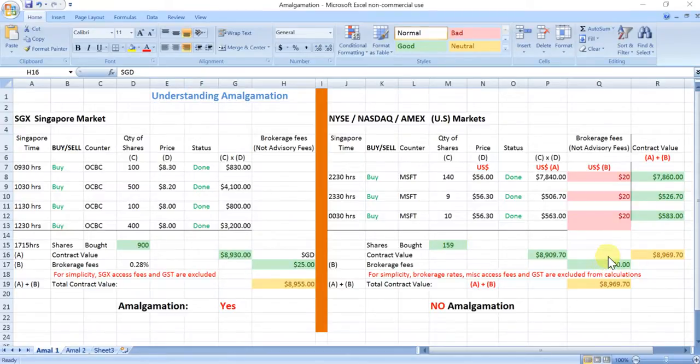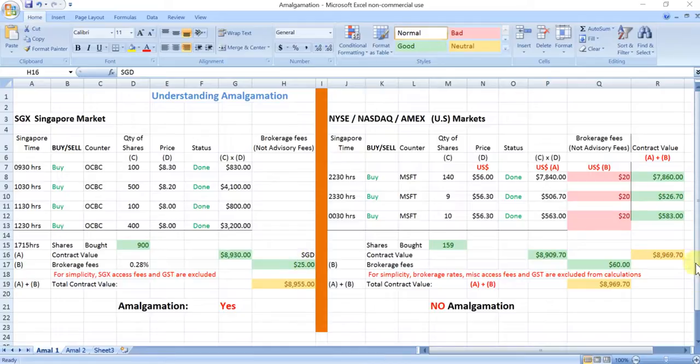From these two examples, you should have noticed that both investors had probably purchased about $8,900 of shares in their respective currencies. However, the investor who bought the shares in the US markets incurred a higher brokerage fee of $60, as compared to the 25 Singapore dollars.